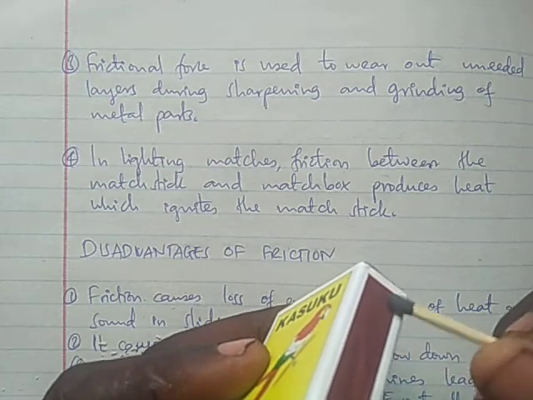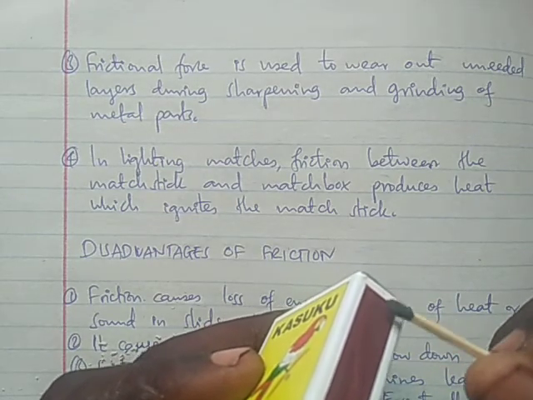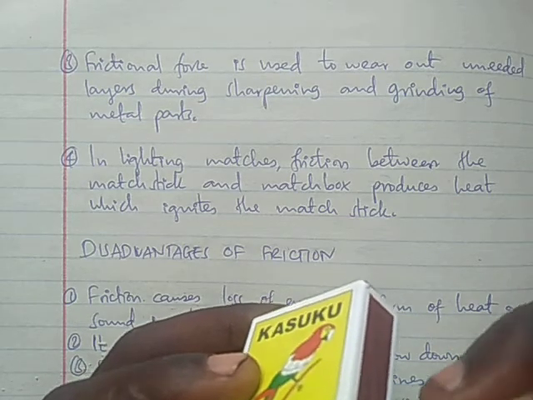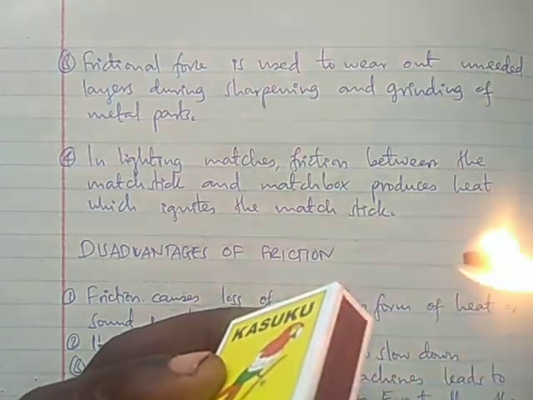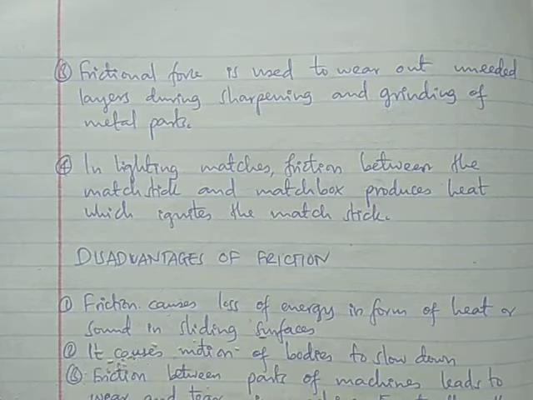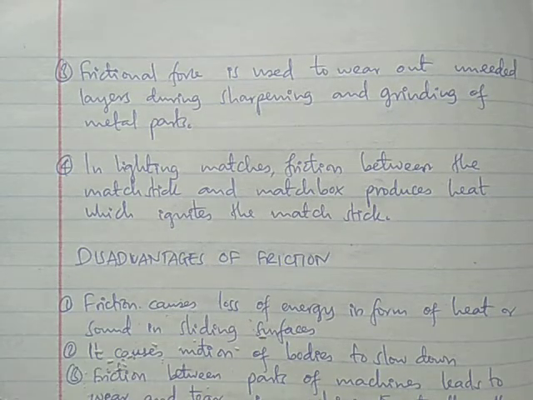But if it is dry, unaona kabisa even hadi kuna sound inasikika. If it is dry, inakuwa ni very easy to light a matchstick, simply because of the presence of frictional force.